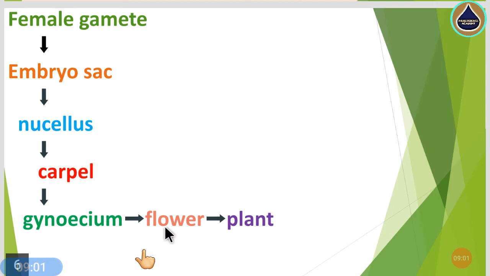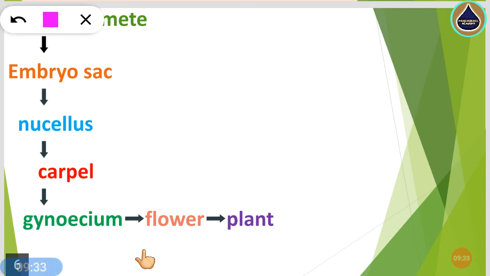The plant has a flower, which has the female reproductive sexual part called the gynoecium, and the single unit of the gynoecium is called the carpel. It is found in the nucellus, and in the nucellus there is the embryo sac, and in the embryo sac there is an 8-cell structure, out of which one cell is called the female gamete, that is, the egg.